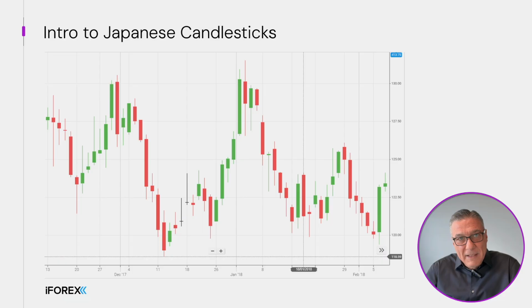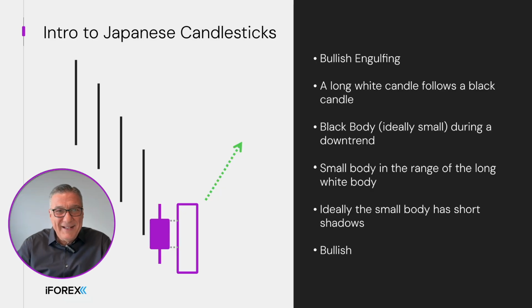Again, nothing is 100% when trading the markets, when analyzing the markets, and we always have to follow risk management rules. Another interesting Japanese candlestick pattern, this one is called the Bullish Engulfing.